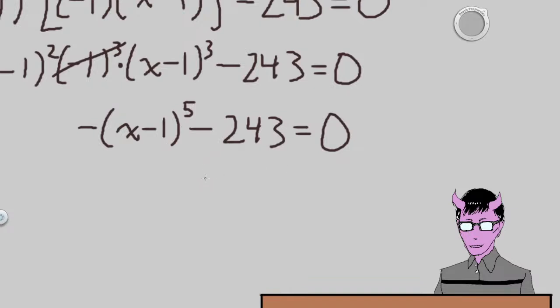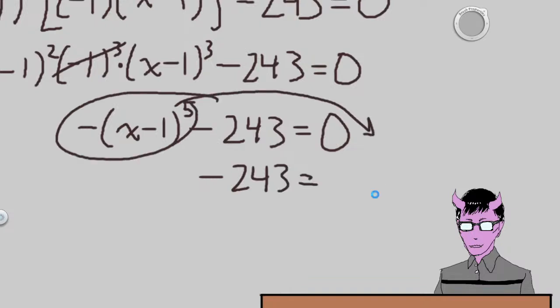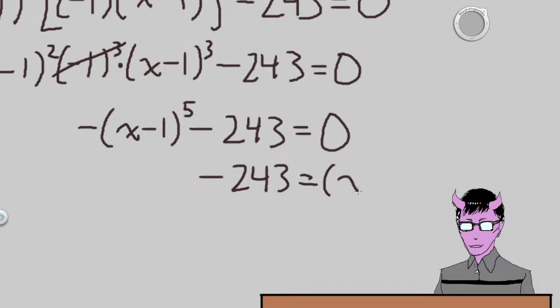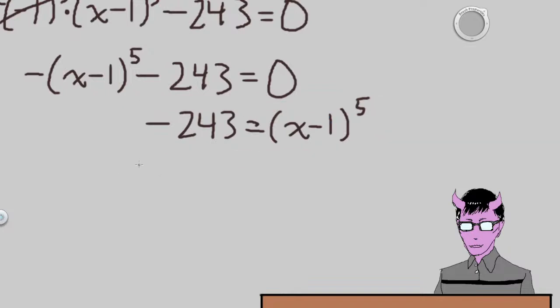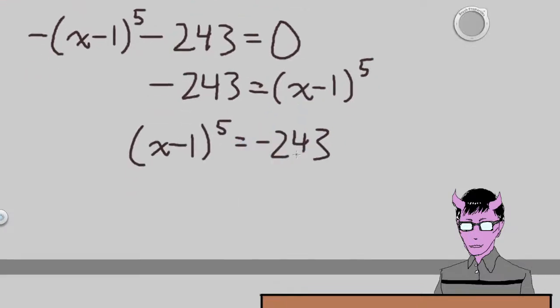So we're going to get -243 is equal to, add this to both sides, x minus 1 to the power of 5. I don't like the way this is orientated, so I'm just going to swap the sides. So it'll be x minus 1 to the power of 5 is equal to -243.